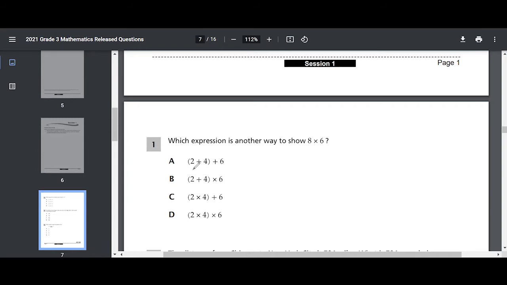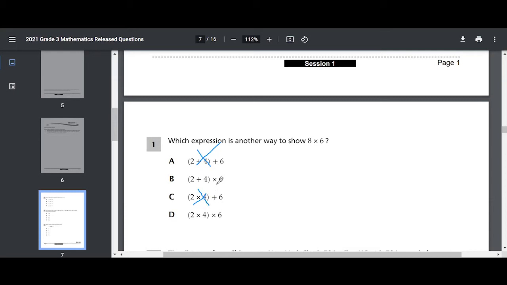I know answer choice A is not an option because the expression says 8 times 6, while answer choice A has plus 6 at the end. Therefore, I am going to put an X on choice A. I'm also going to put an X on choice C because it also ends in a plus 6.